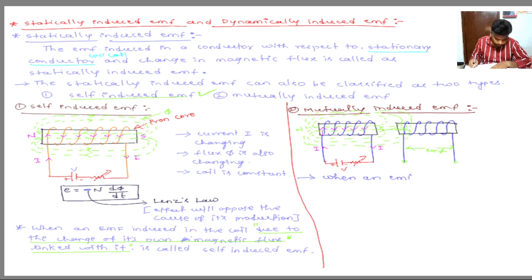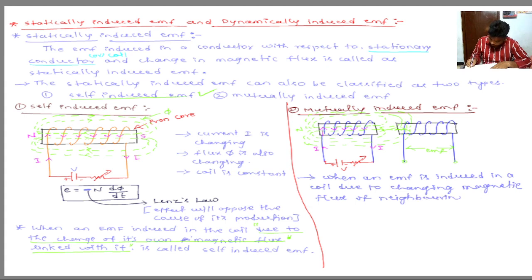When an EMF is induced in a coil due to the changing magnetic flux of a neighboring coil, it is known as mutually induced EMF.